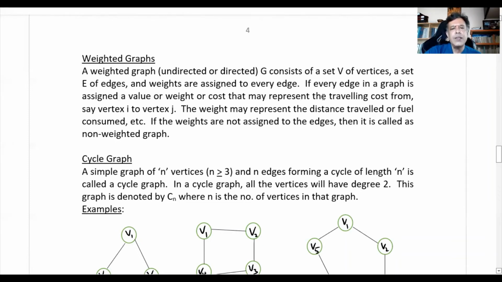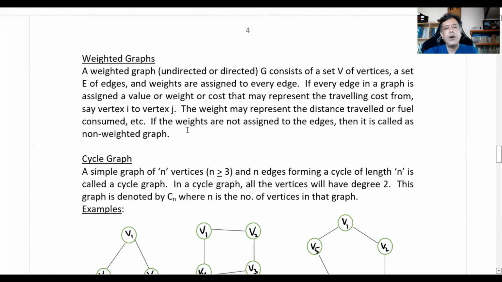If every edge in a graph is assigned a value or weight or cost that may represent the traveling cost from, say, vertex i to vertex j, the weight may represent the distance traveled or fuel consumed, etc. It can be anything which we are interested in minimizing. Such type of variables may be possible. It can be distance, or fuel consumed, or anything related to cost, etc.